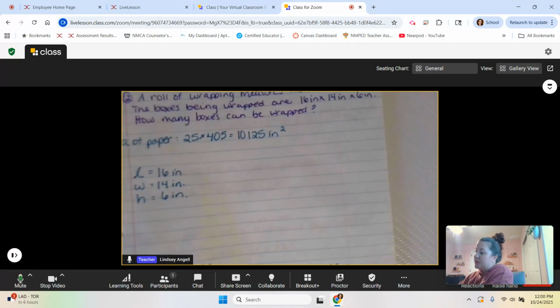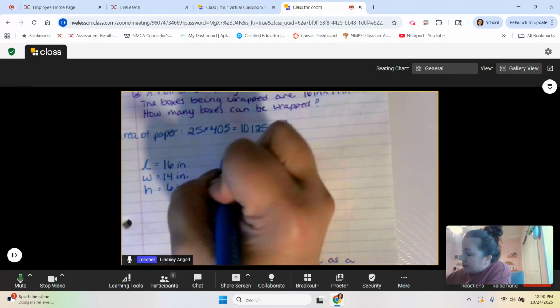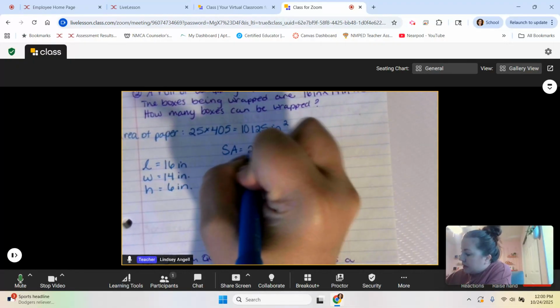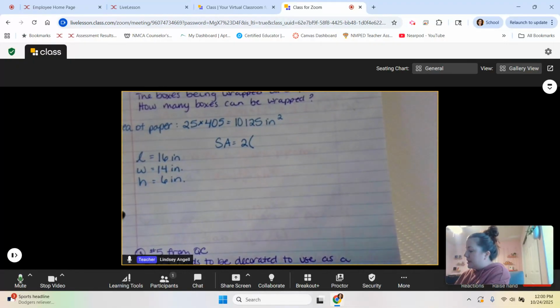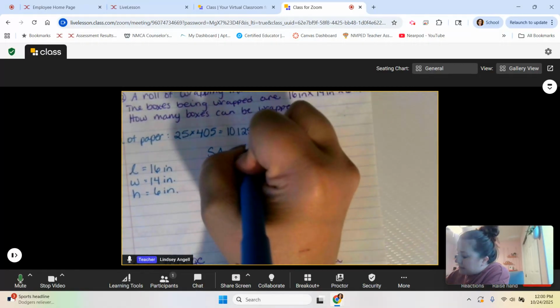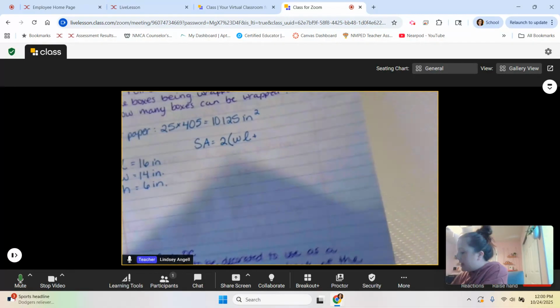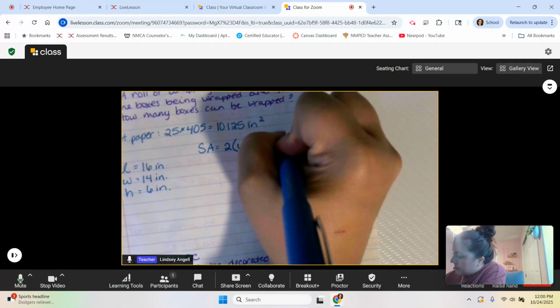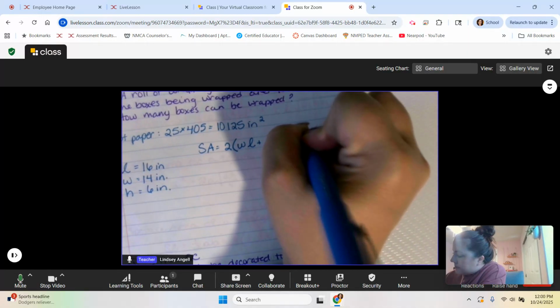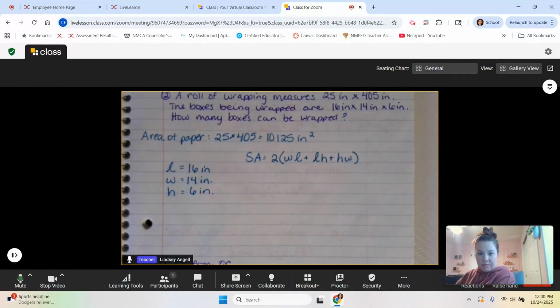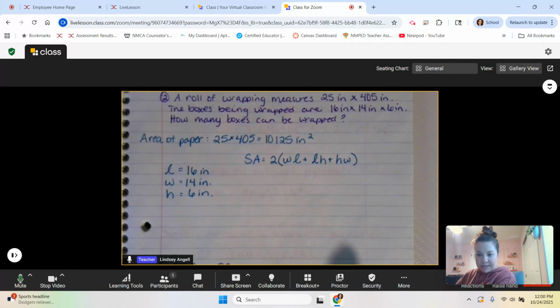So I can do that. And then we can say the surface area equals, and I know it's 2 times, and then just to make sure I have each part, we've got width times length plus length times height plus height times width, okay? Remember, that's what's going to make sure that we have everything taken care of.